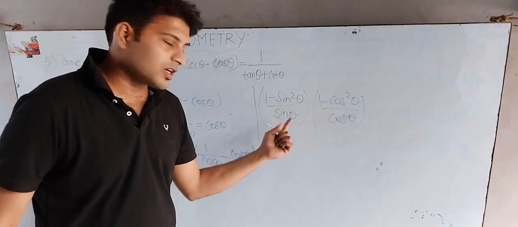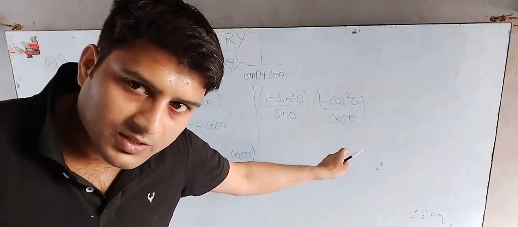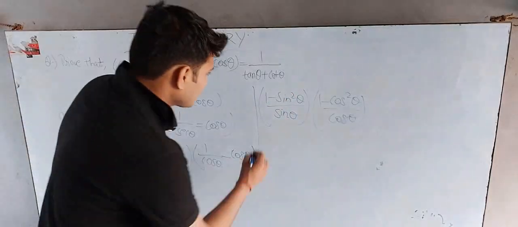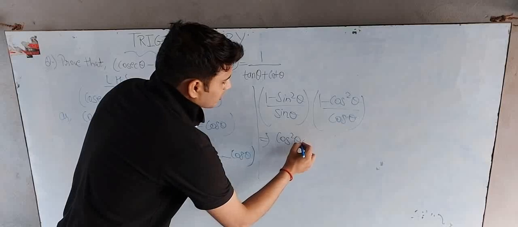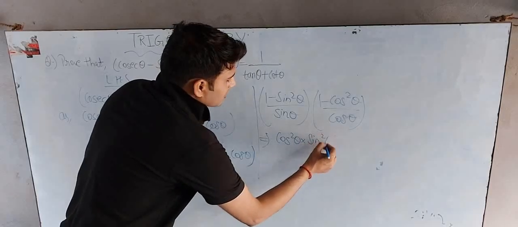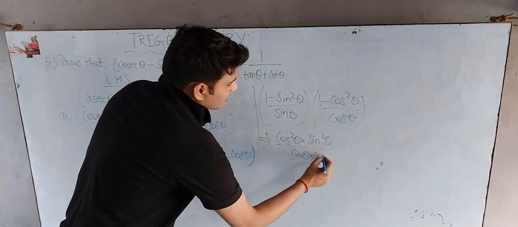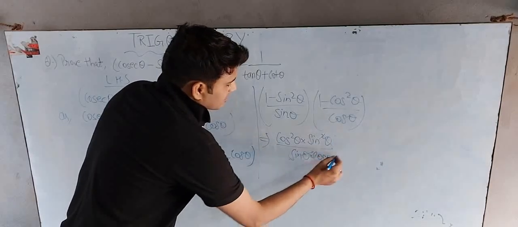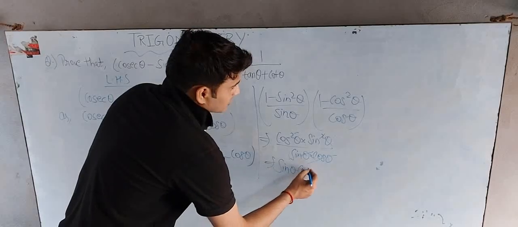So 1 minus sin square theta is equal to cos square theta and 1 minus cos square theta is equal to sin square theta. You can write here cos square theta into sin square theta upon sin theta into cos theta. This sin theta cancels, this cos theta cancels, you will get sin theta cos theta.